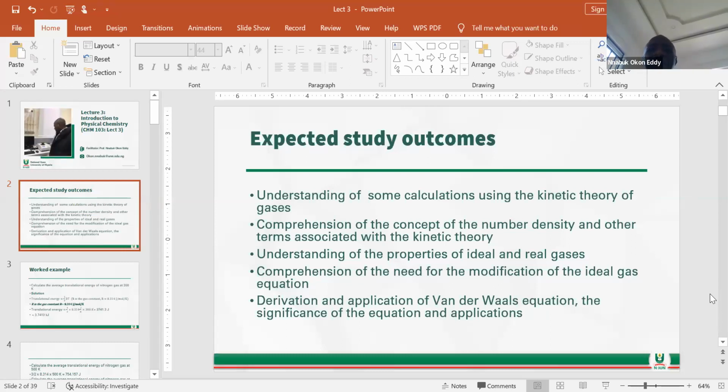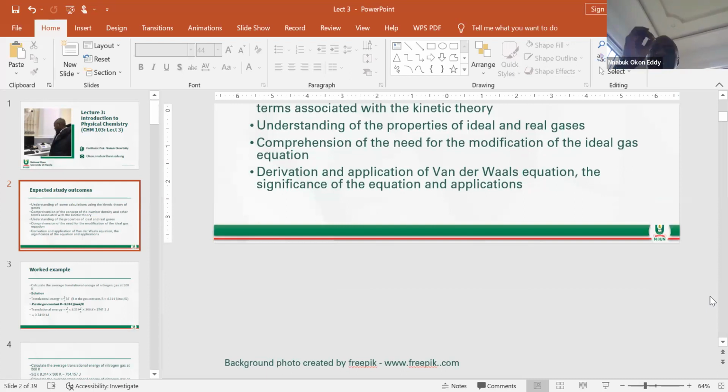One of the simplest and most common modifications is the van der Waals equation, which is called the equation of state. So we will look at this outline in the next 1 hour.